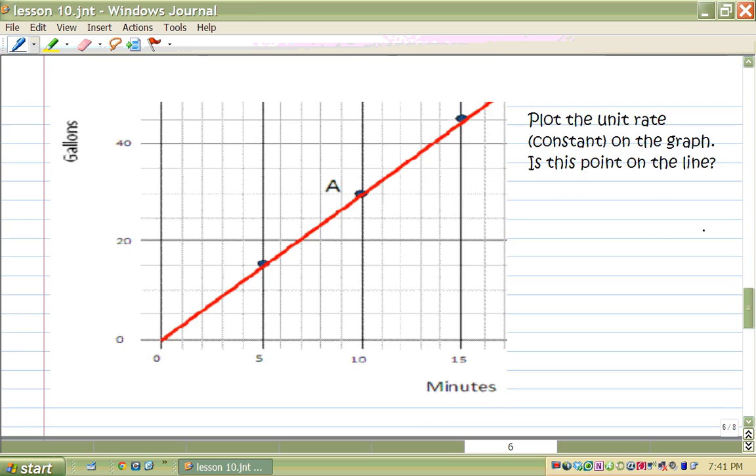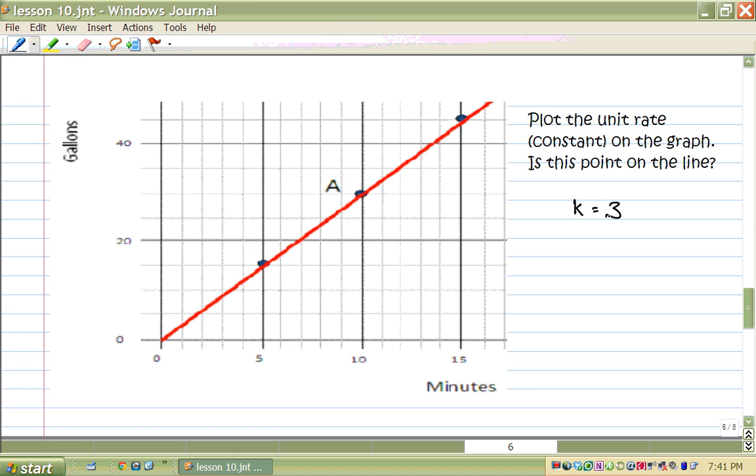Plot the unit rate. Now you see I zoomed in on the graph here because you would never be able to see it otherwise. Plot the unit rate or the constant of proportionality on the graph. And is this point on the line? Well, we said that it has to be on the line in order to be proportional, so I'm kind of expecting it to be. So can you plot that point? And again, the k is equal to 3.